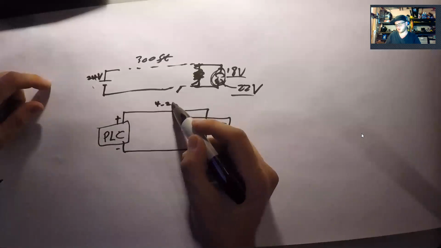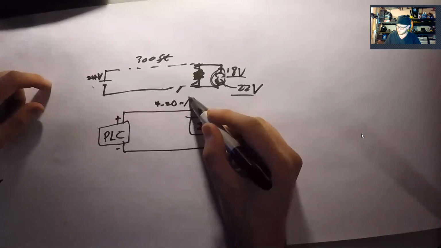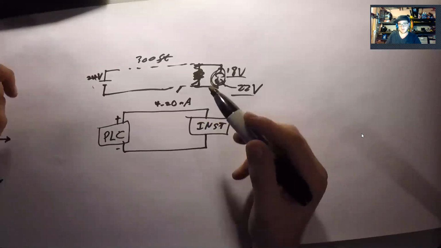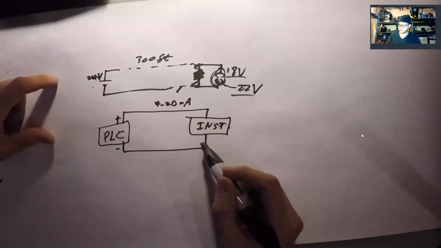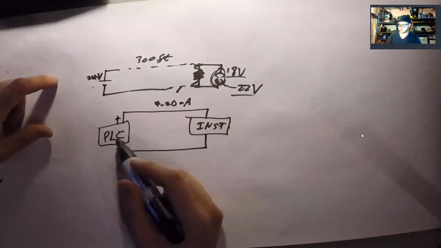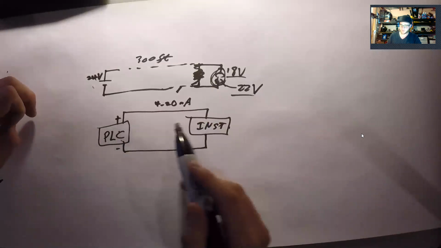And this is a 4 to 20 milliamp signal, right? And so what's happening here is this instrument is controlling the amperage output back to the controller that it's sensing.